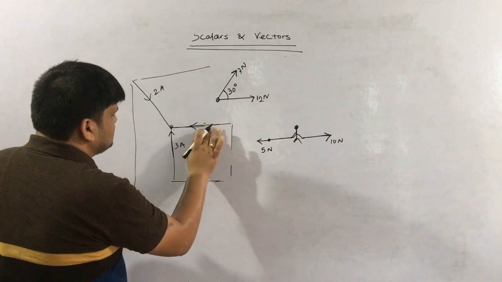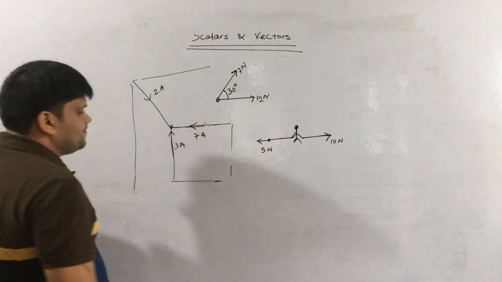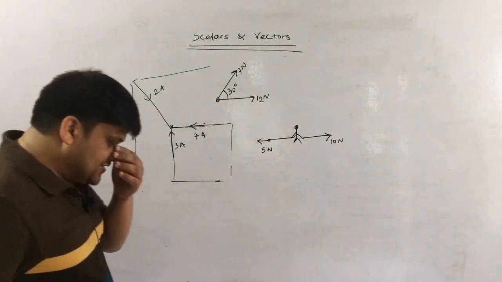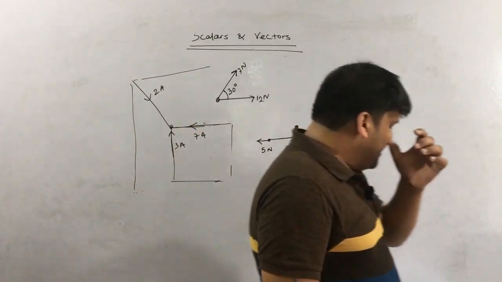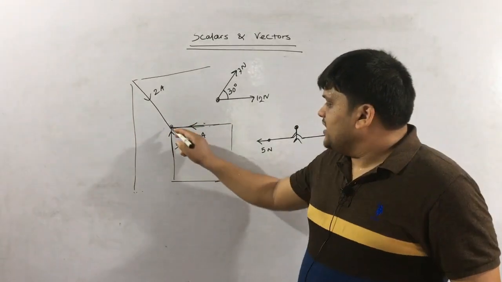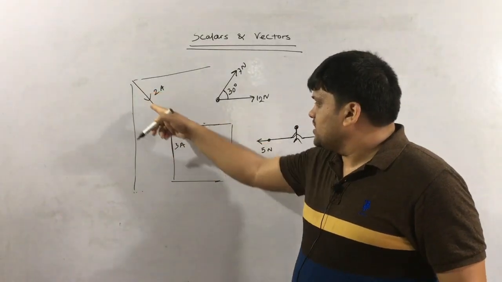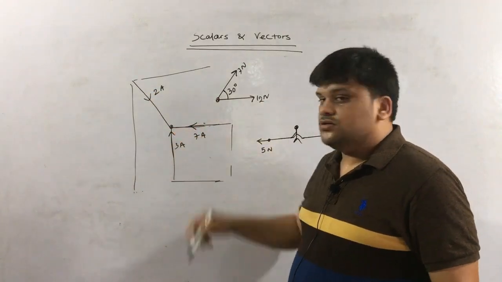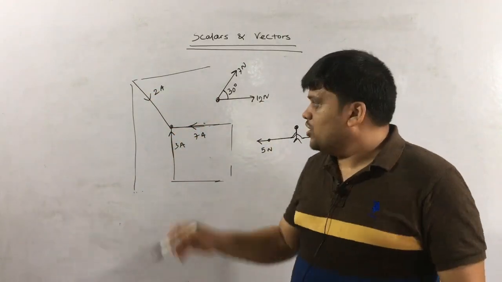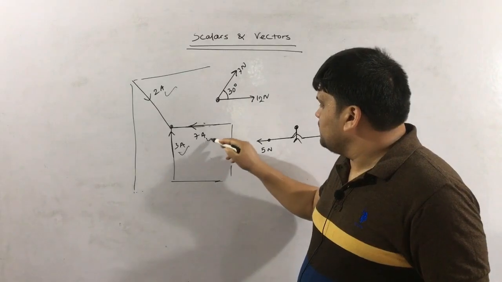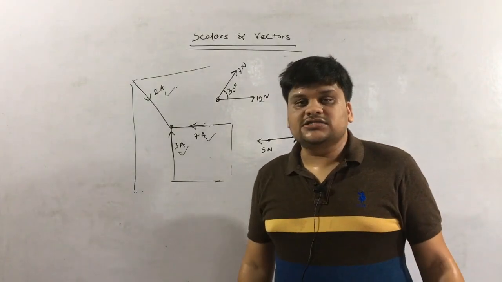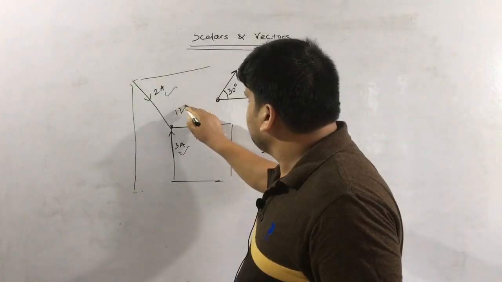If someone asks you what is the net current at the point, it does not matter whether the current came from here or here or here. You simply add all of them: 2 ampere plus 3 ampere plus 7 ampere. It is simply 12 ampere.